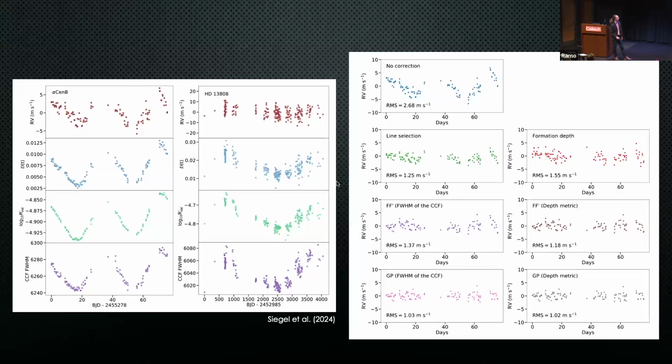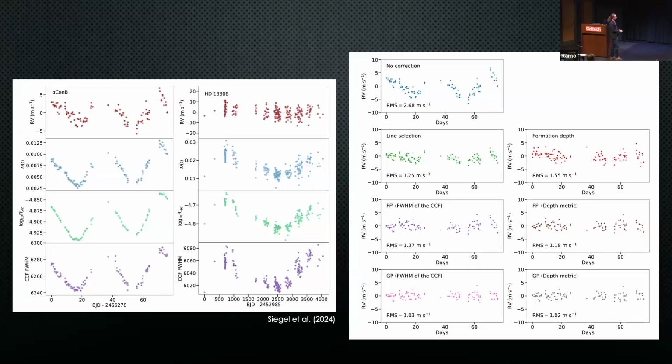And if you track the depth of lines that you think are activity sensitive, you can see that it traces the activity here very nicely, very close to the S-index and very close to other CCF parameters as well. So it's another way to measure the activity.